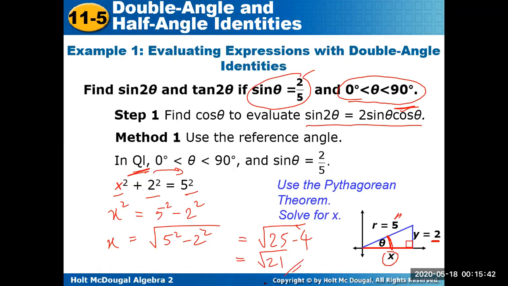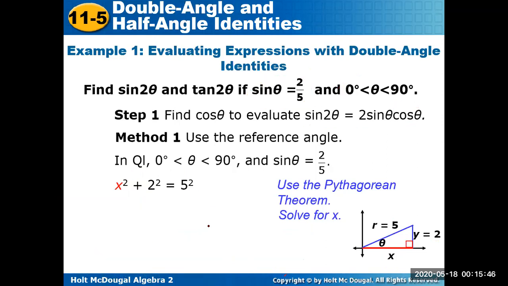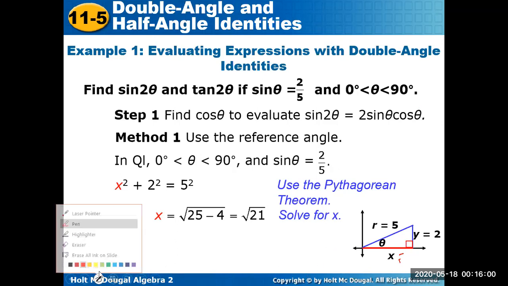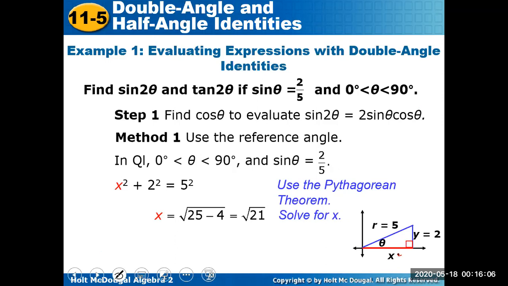So that's how you get the adjacent side. Okay, now since I have the adjacent side, the x value I found is square root 21.